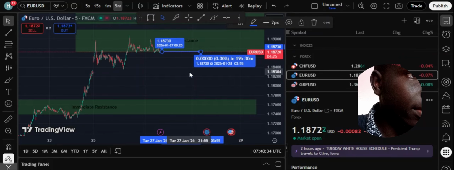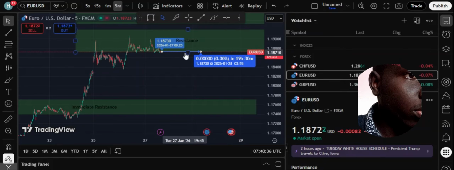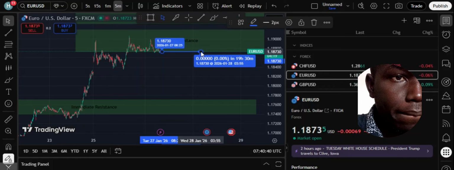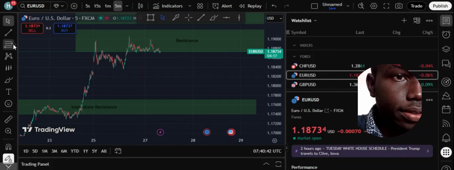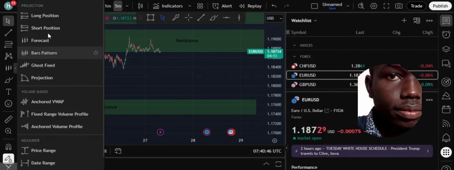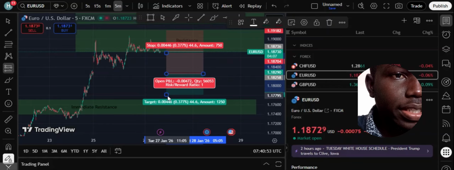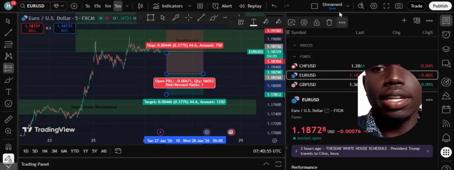So let's go short. We want our profit to be around the previous resistance, which is now going to act as our support.